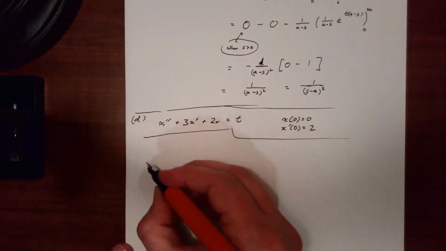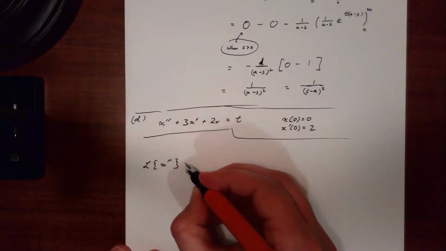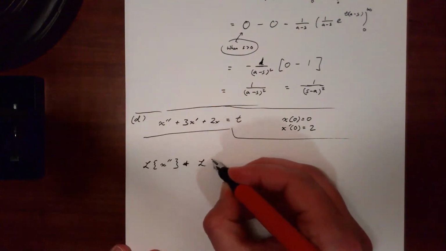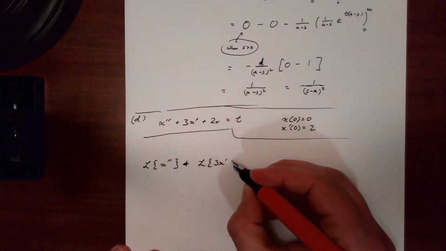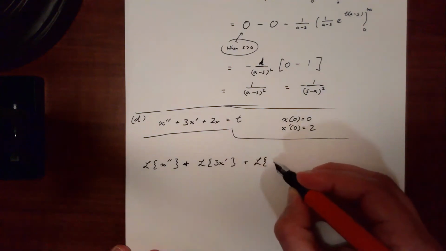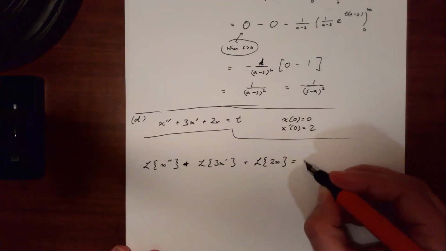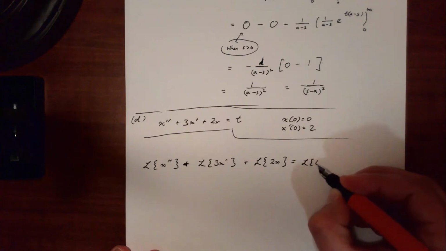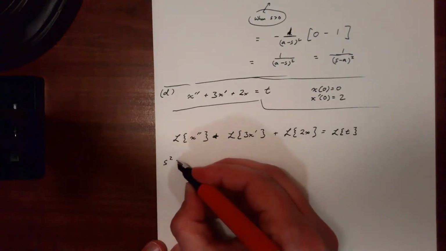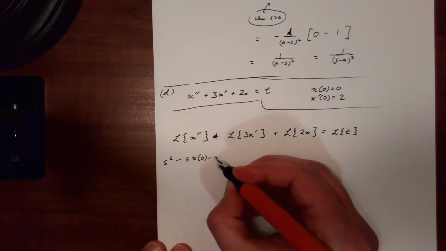All right, well, we start it the usual way by taking the Laplace transform of both sides and seeing what happens. So here we get the usual thing, s squared X minus s x of 0 minus x prime of 0.